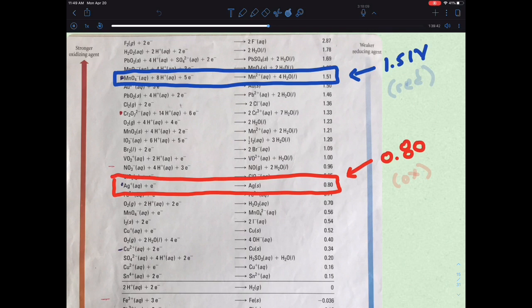And now we're just plugging them into the appropriate spot. The 0.8 is getting plugged into our oxidation, and the 1.51 is getting put into the reduction side of things.